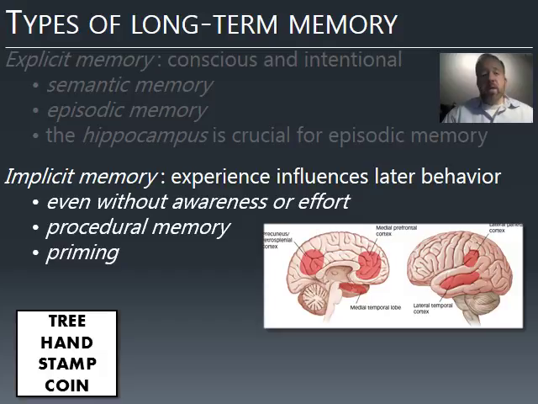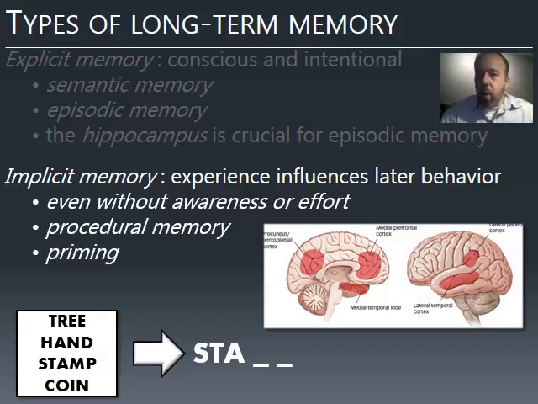So for example, if you're given a list of words, here's a list right here in the lower left, and then later on, you're given the first part of a word and a couple of blanks where you can fill in whatever letters you want. If you have seen a word on the list like stamp, and then you're given STA blank blank, you're far more likely to fill in the word stamp if you've been exposed to that list.